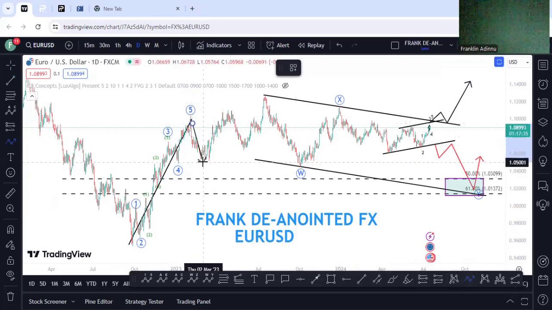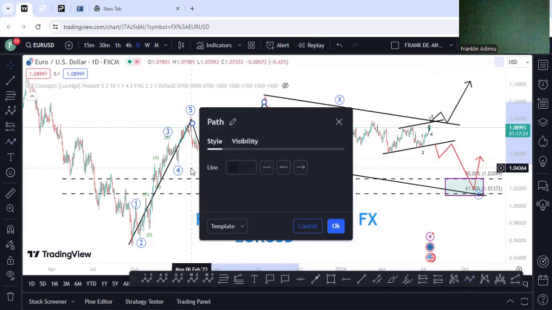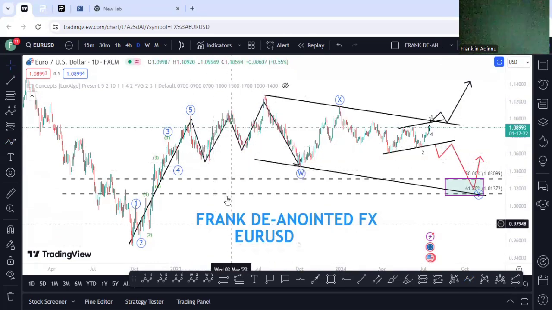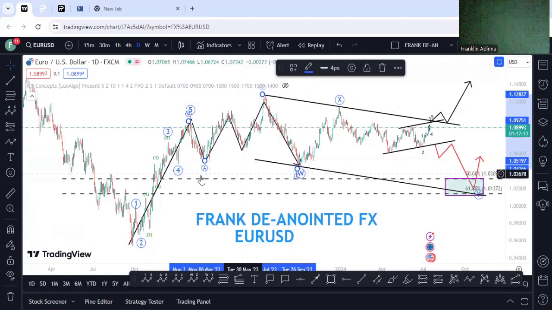This is A, this is B, and this is C. Let me label it for you. A, B, and C.